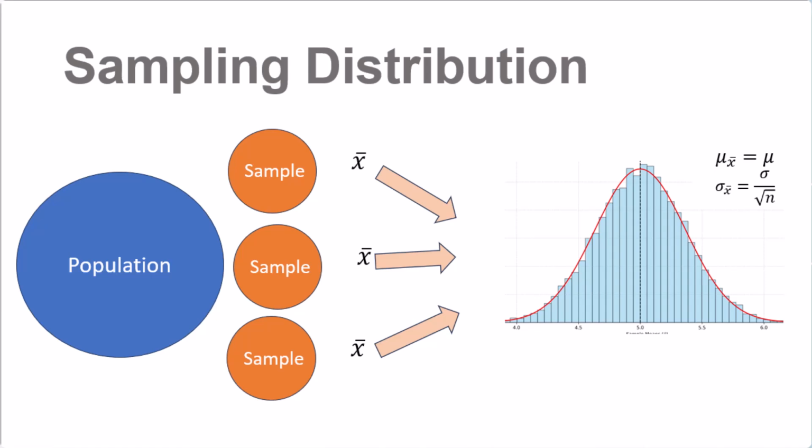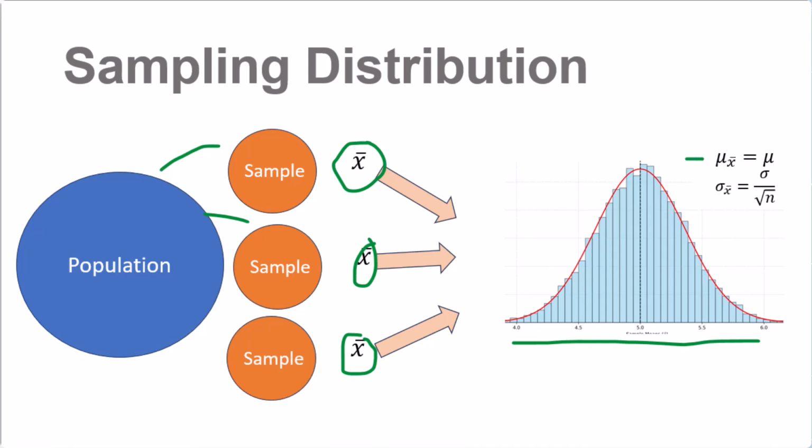So if I had some population and I'm sampling and then taking a mean, sampling, taking a mean, sampling, taking a mean, getting all of these sample means from many, many different samples, we get the sampling distribution of the sample means, which from the central limit theorem is a normal distribution.